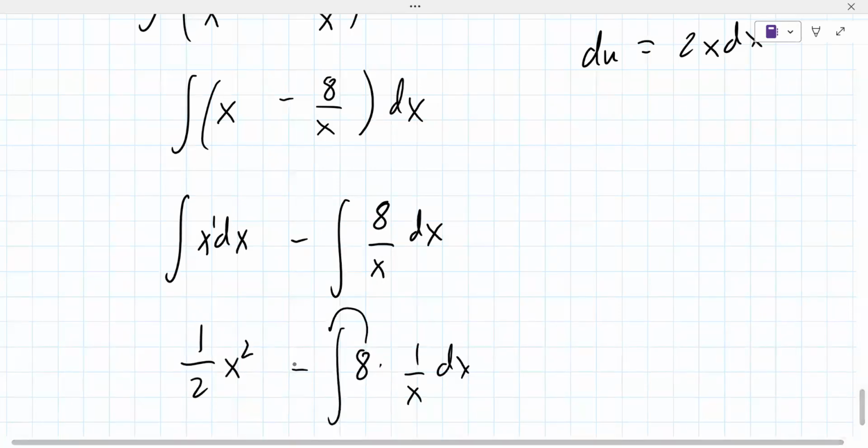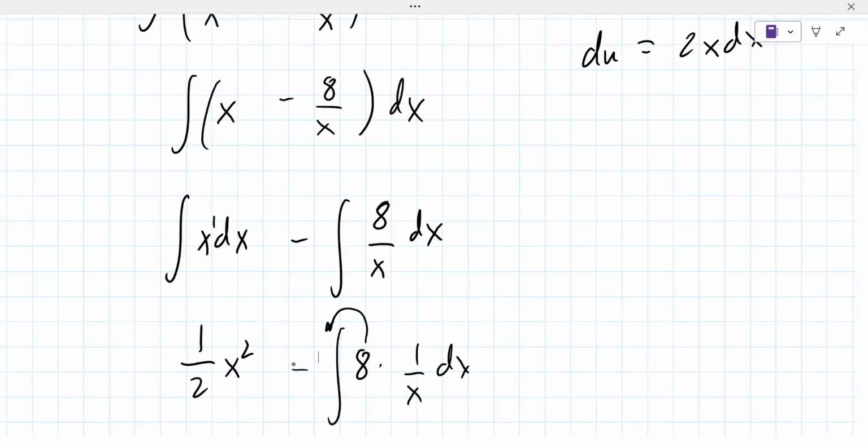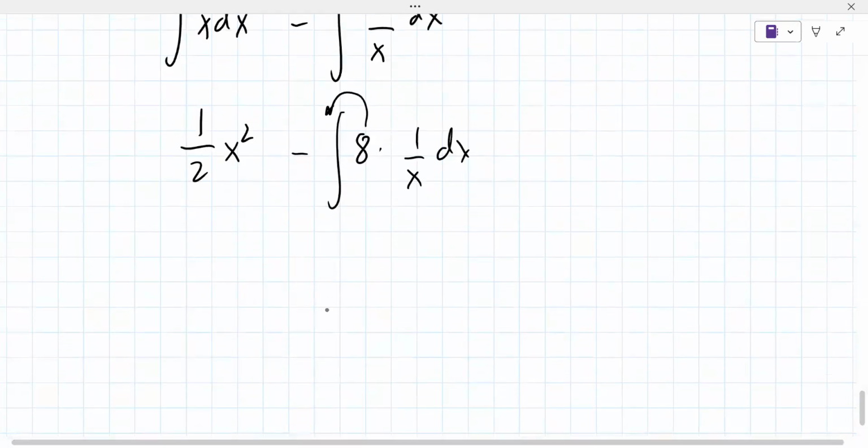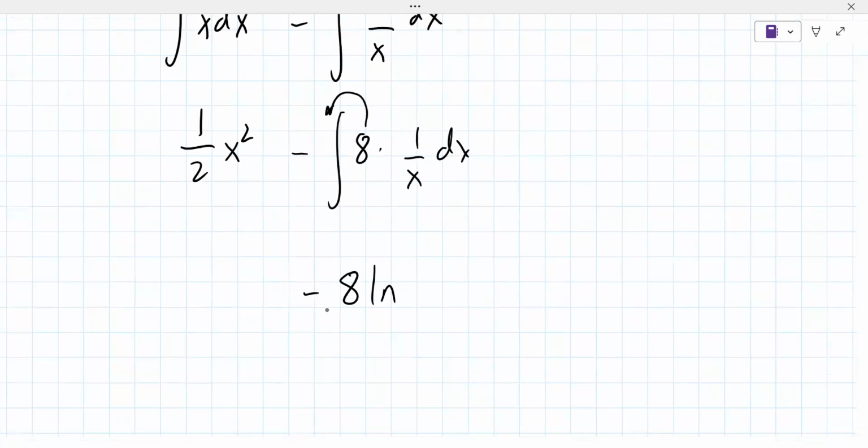You can bring the 8 out if you want. So it's the natural log of, what is it the natural log of? The absolute value of x. Yes. Plus c.